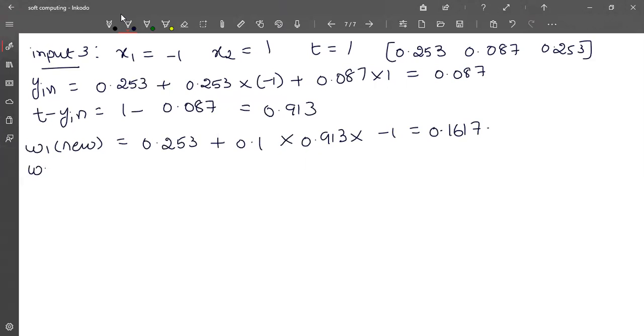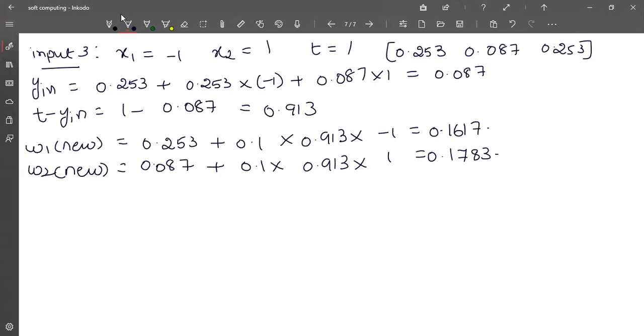Next, new W2 is equal to old W2 0.087 plus alpha 0.1 into 0.913 into x2 which is 1. So 0.087 plus 0.0913. So this is 0.1783.